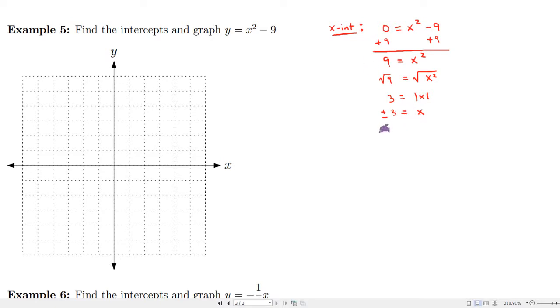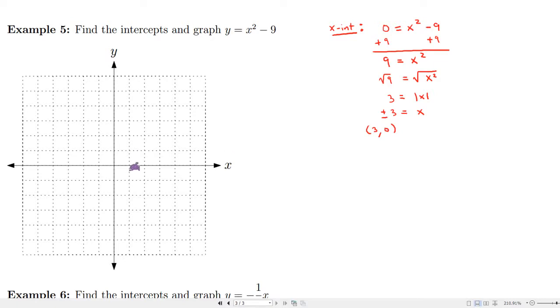So what are the points actually? So the points are 3. And then if I take 3 and I plug that in, you'll have 3 squared minus 9. So 3 squared is 9, so 9 minus 9 is 0. Right? So in other words, I just did the double checking. We already know the x-intercepts are going to be when the y-coordinate is 0.